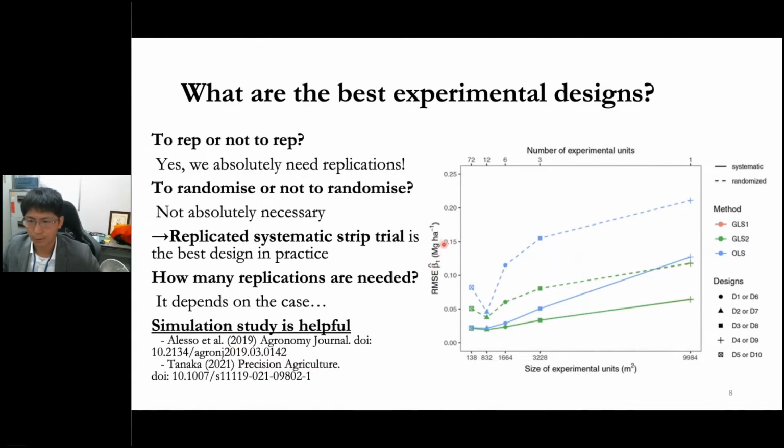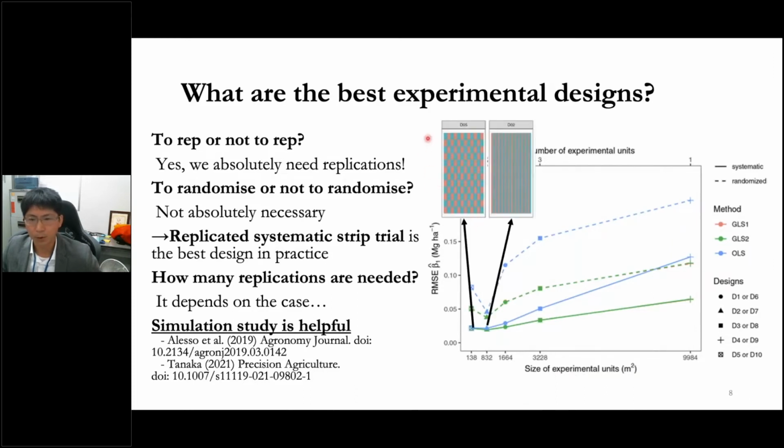So the smaller the value is, the more precise the estimate becomes. And the horizontal axis corresponds to the size or the number of the replications. And as you can see, this kind of chessboard design shows small bias. And interestingly, the best performance was found in the strip trials with the smallest experimental units. The bias increases along with the size of the experimental units.